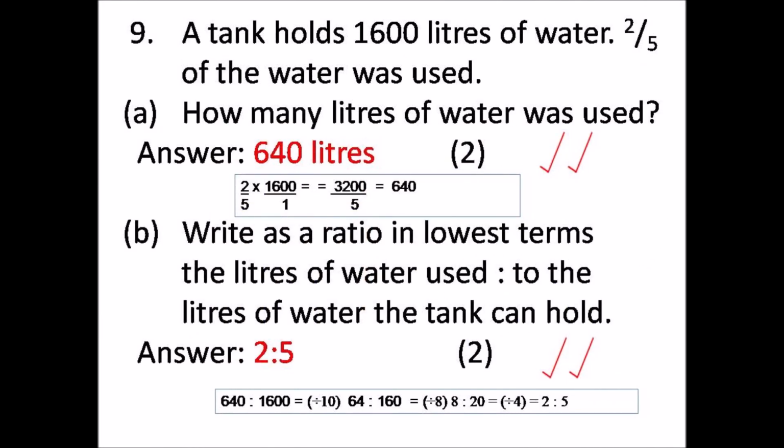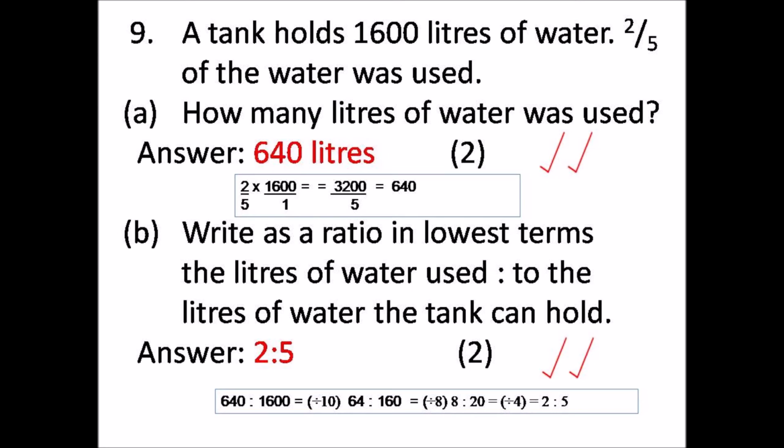A tank holds 1,600 liters of water. So 2/5 of the water would be 640 liters. 2/5 times 1,600/1. And then as a ratio, it would be 640 to 1,600, reduce, and you get it down to 2:5 once you reduce. Keep dividing until you get it to as low as it can go. And you would see how I did it at the bottom. You can do it your way.